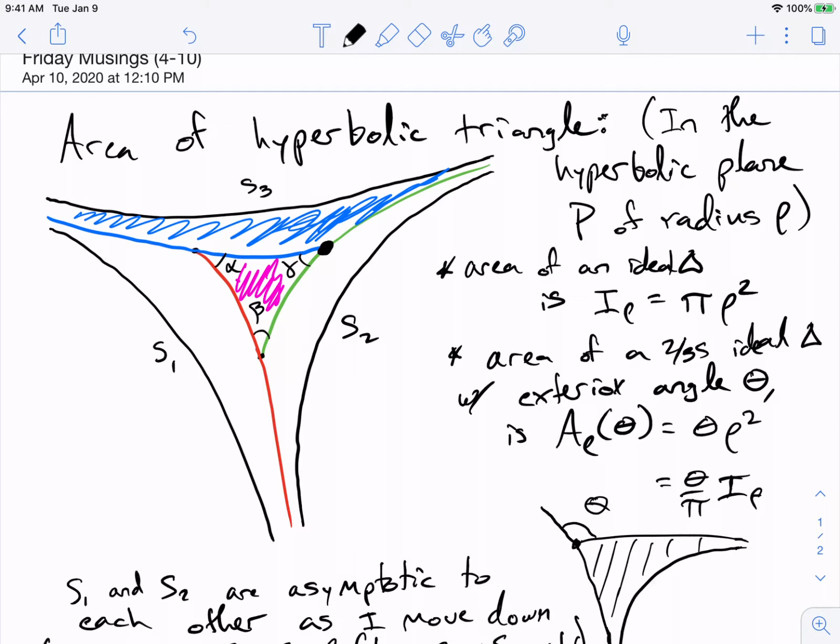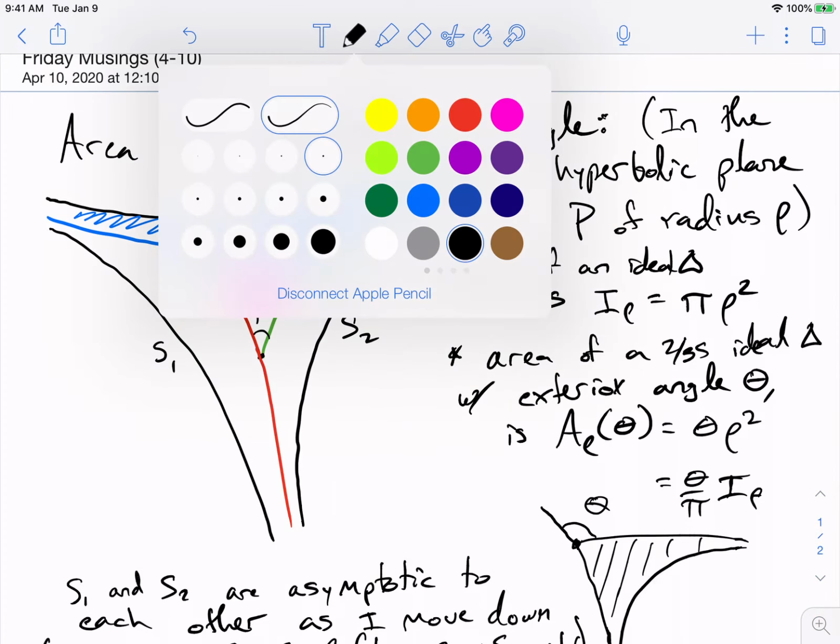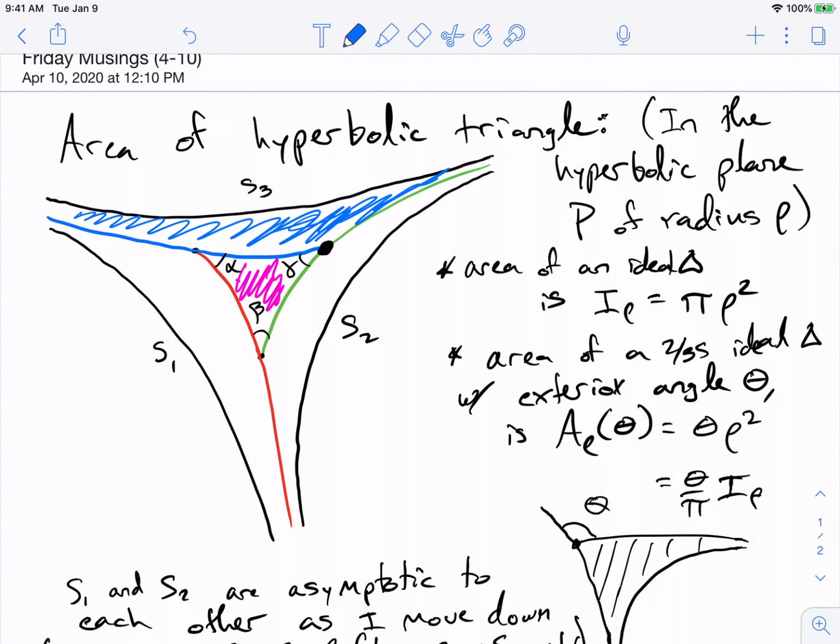And then it's also enclosed by a third geodesic, S3, which is asymptotic to the blue and the green. That's exactly a 2/3 ideal triangle. It's enclosed by 3 geodesics with 1 vertex and 2 sort of asymptotic vertices. And so this blue region is a 2/3 ideal triangle.